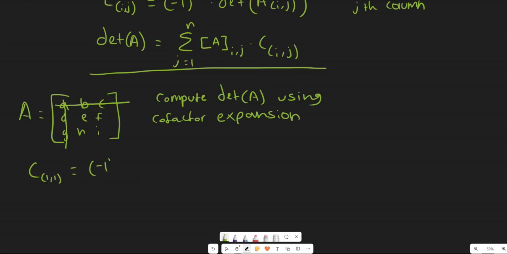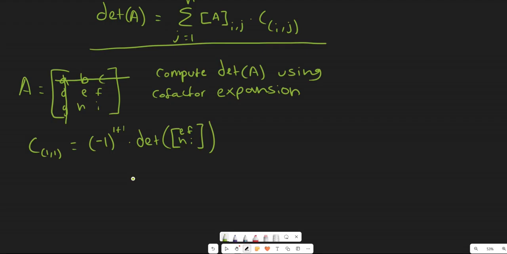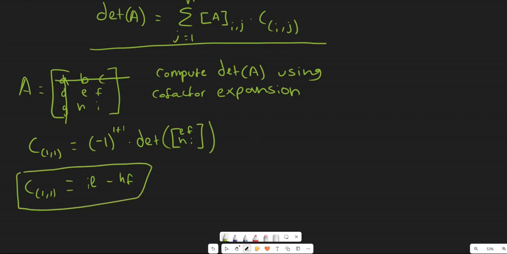So it's just going to be negative 1 to the 1 plus 1 times the determinant of the matrix E, F, H, I. That's just going to be, so this goes to 1, and it's going to be EI, or I'm going to say IE minus HF. So your cofactor of 1, 1 is this. Cool.